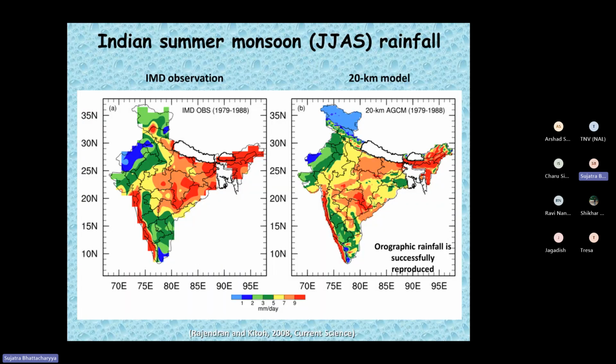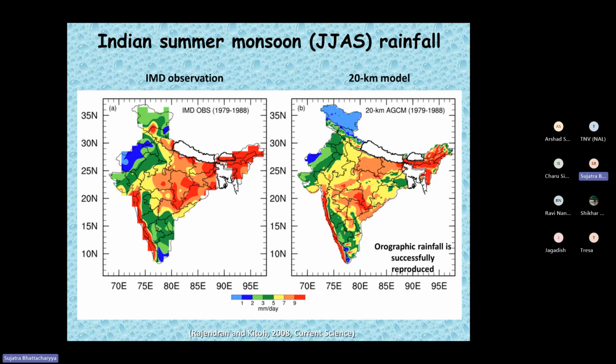Rajendran did his PhD here around 2000 to 2002, and then went to a postdoc in Japan to work with the most well-known name in Japanese climate modeling. He looked at the 20 kilometer resolution model, which is very high resolution for a climate model, integrated for 100 years.